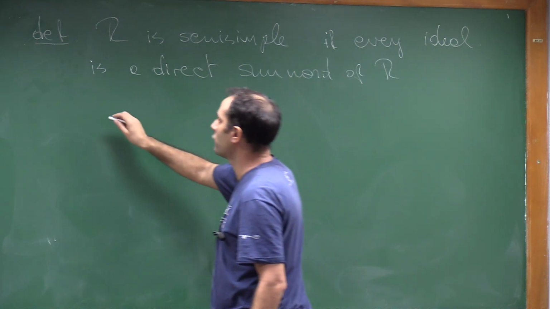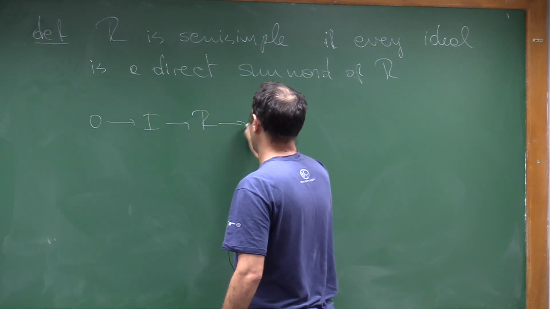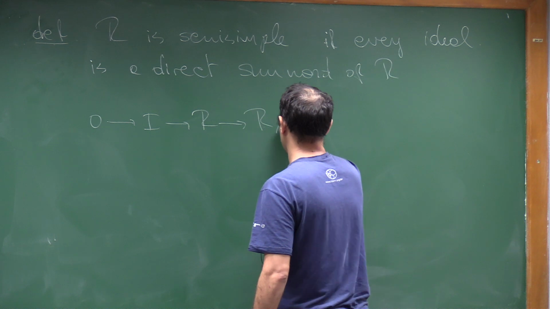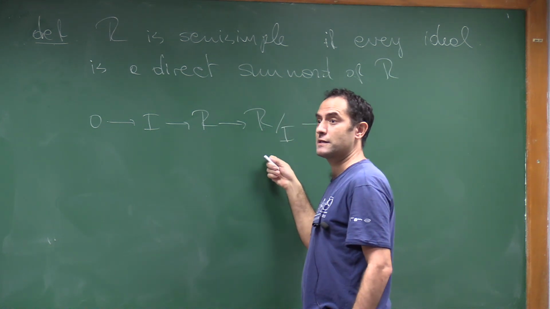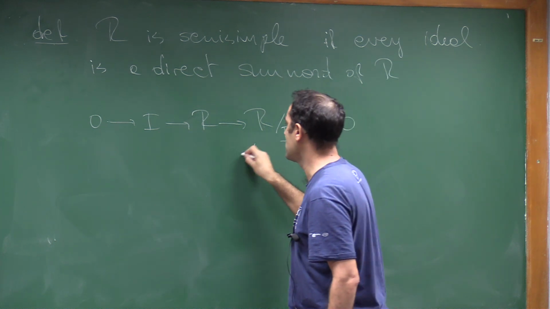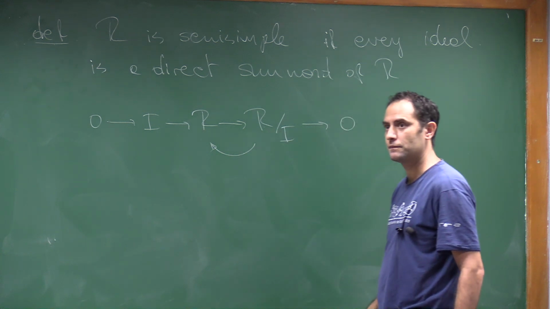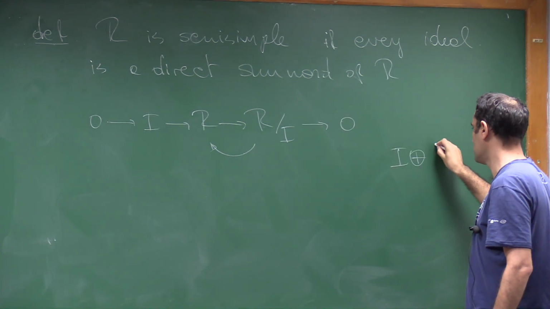If you have a semi-simple ring, and you pick any ideal, this sequence is split. Since I is a direct summand of R, R is isomorphic to I plus something.